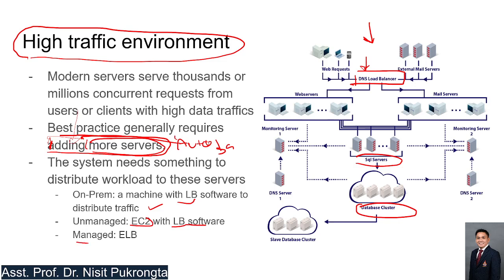But if you use the managed option, you can use Elastic Load Balancing. Unmanaged, we can call fixed, right? You fix the load balance based on your load balance software. But right now we talk about the managed load balance, which we call Elastic Load Balancing.